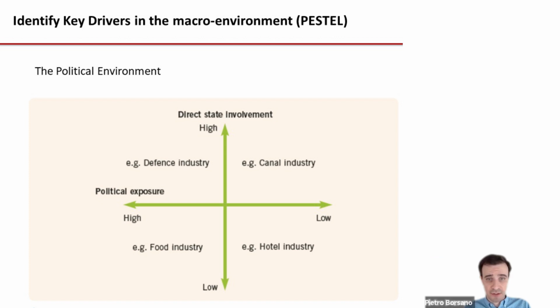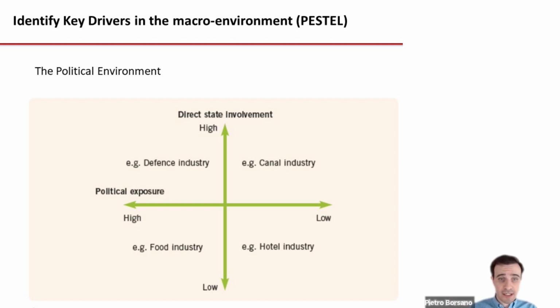Food and beverage industry, for example. There is quite a bit of political exposure, especially when it comes to alcohol. Alcohol is heavily regulated. There are excise taxes, there are limitations. For example, in some countries, which I'm not going to name, there is a limit in terms of the time when you can drink alcohol or buy alcohol, and so on.